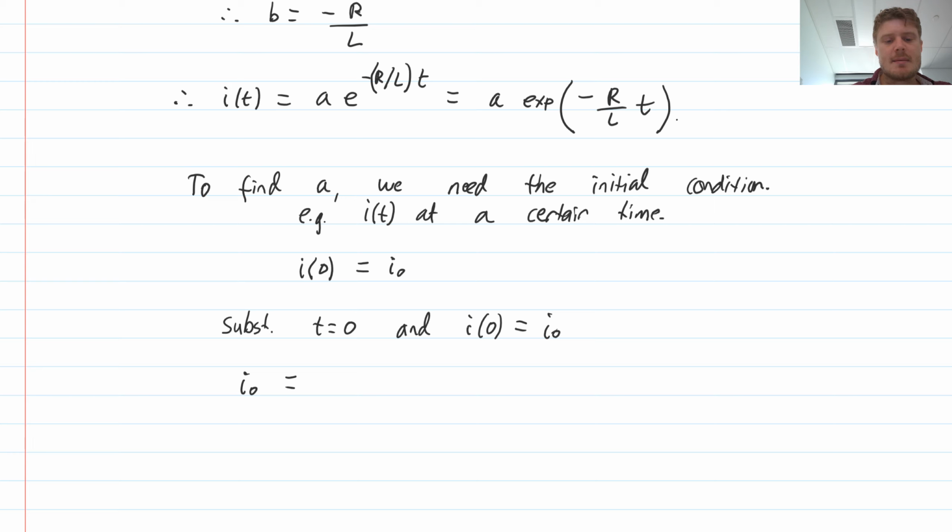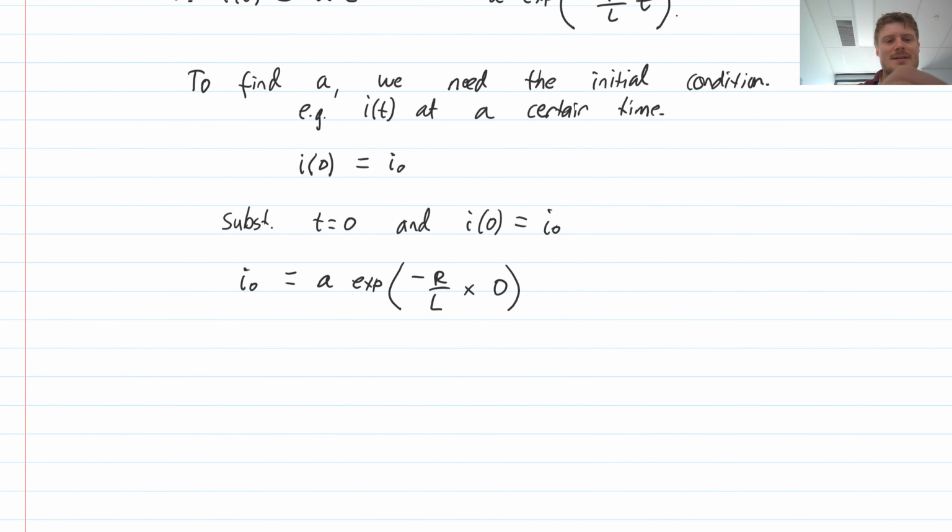That is equal to A times the exponential of negative R over L times 0. An exponential of 0 is equal to 1, so all this bit here is just equal to 1. Therefore I naught equals A.